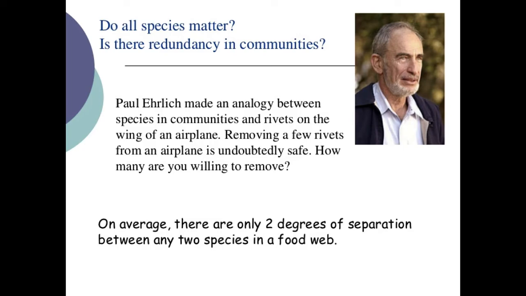So there's this really important analogy in conservation, and my PhD mentor said it a lot for his conservation classes. The idea is, what if we think of an ecosystem, an ecological community, as an airplane, and each species is a rivet on that airplane?